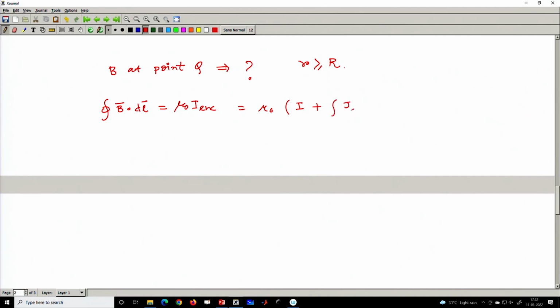So, displacement current density, because I am taking the current, so I should write current density dot ds, that should be my displacement current, and this quantity is mu 0 I, if I is there, in general I am just writing, then mu 0 epsilon 0, I should integrate it and it should be del E del t dot ds, because that is the way I define the displacement current, right.